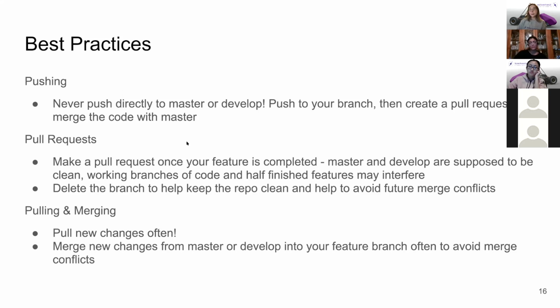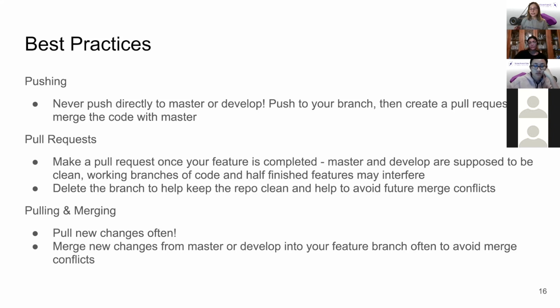And the final point is for pulling and merging. Pull new changes often. So before you start working every day, just go and do a git pull master to bring any changes from the master branch into your code. And that will just prevent any problems. It will keep your branch up to date.